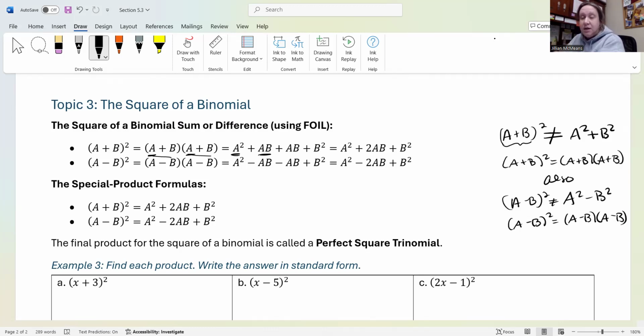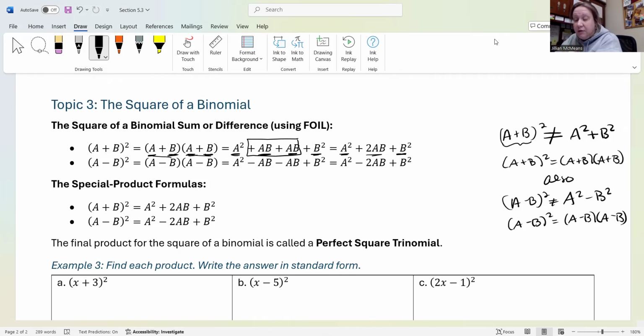I would then take the inner terms, which is ab again. And then finally, I take the last terms, which is always going to be plus b squared. Well, now those middle terms don't cancel anymore. It's just double. So you end up with a squared plus 2 times the product of the two terms, and then plus the second term squared.